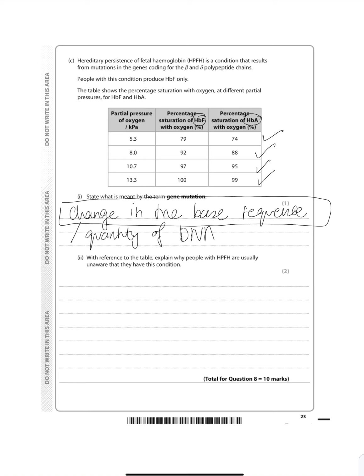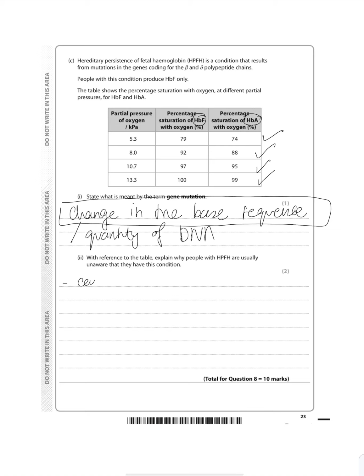If not, HbF actually has higher saturation of oxygen. So actually, the capacity for oxygen to be held in the hemoglobin is actually the same, if not higher. So there's no difference in the oxygen carrying capacity of the hemoglobins in HbF. That's 1 mark.